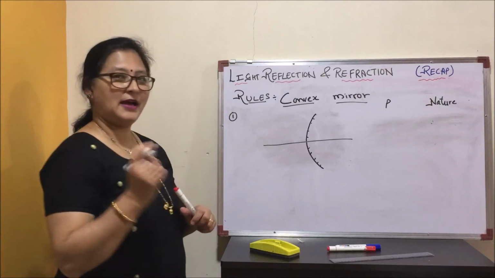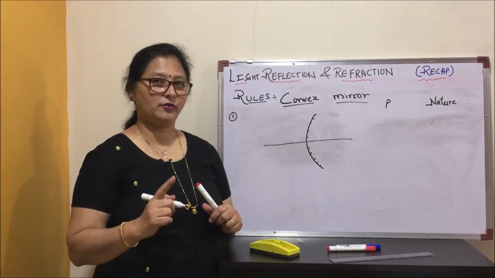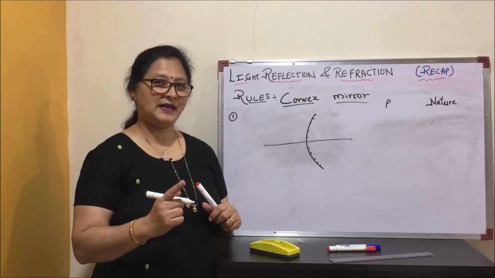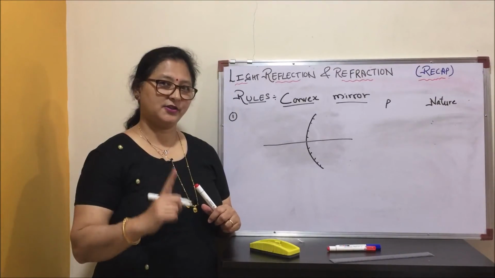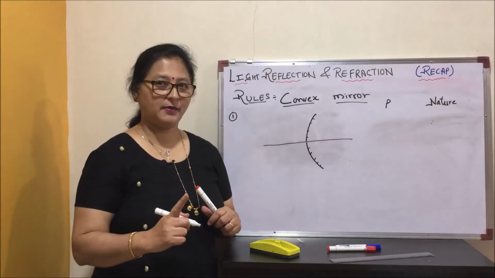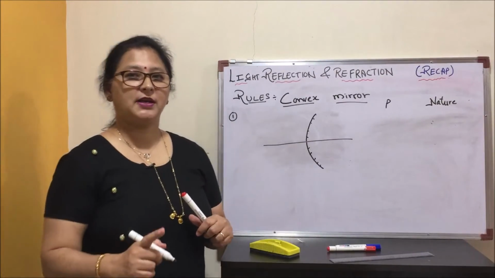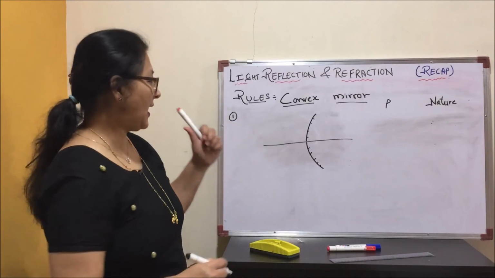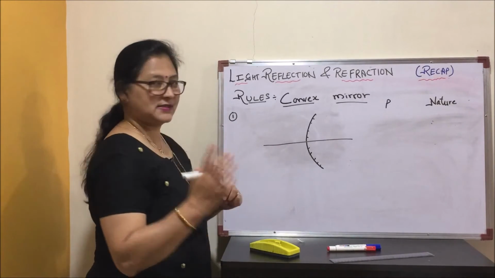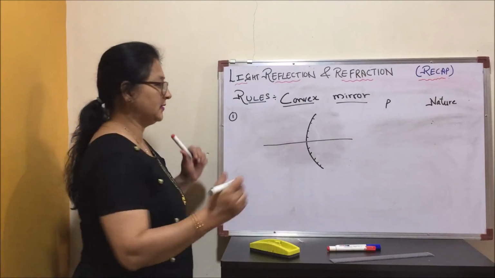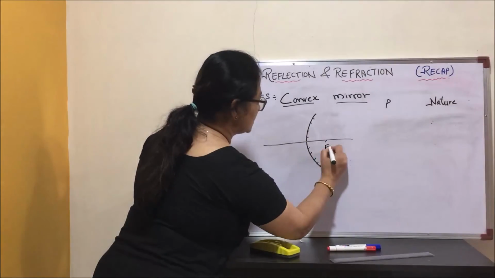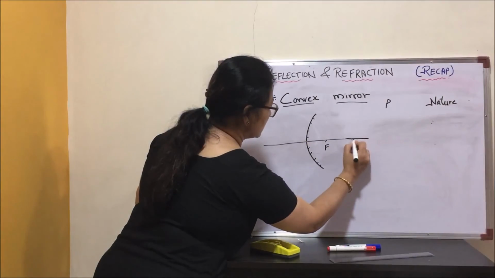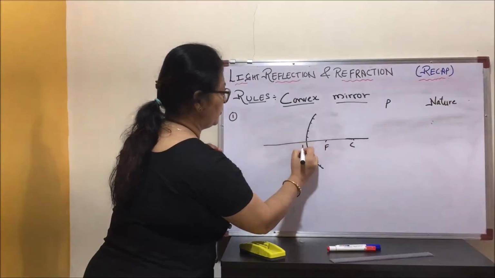Now we have to take the first case of concave mirror where we have placed an object. The first ray diagram in concave mirror, we have placed the object at infinity, right? So the same thing we are going to do here. Let's mark focus, center of curvature. Here it is the pole, right?